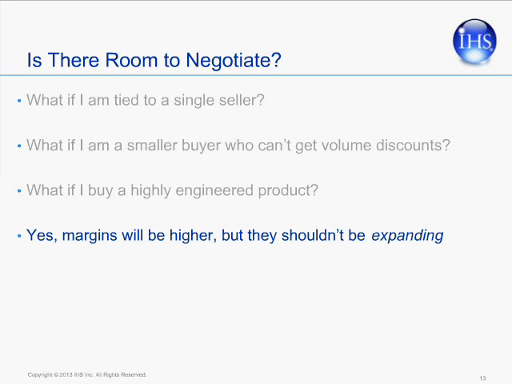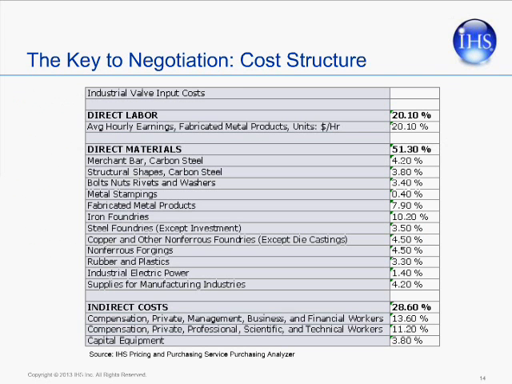So that's going to be the core point that the rest of this discussion in the first case study works around: yes, we can accept high margins, but we cannot accept expanding margins. So the key to negotiation is, of course, the cost structure. Our purchasing analyzer tool provides this breakdown off the shelf for a number of different products.